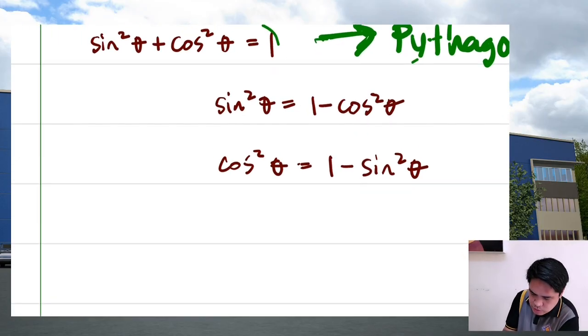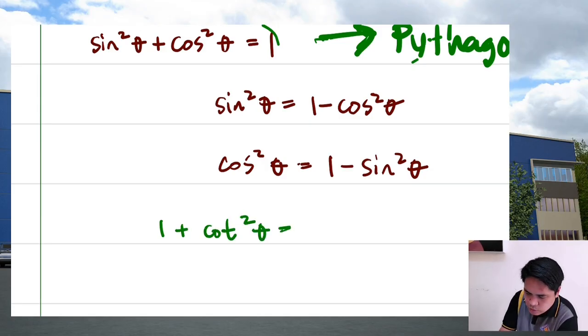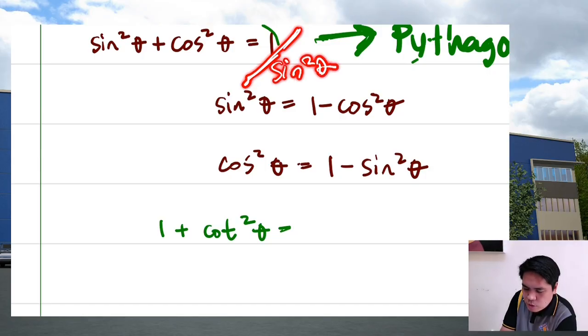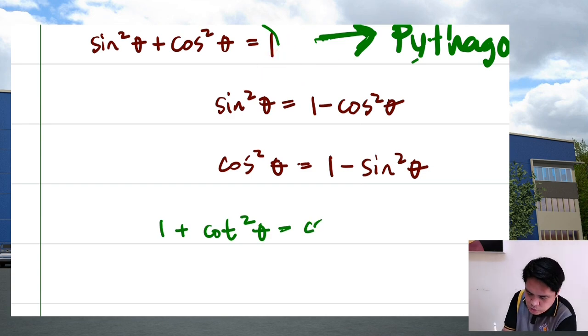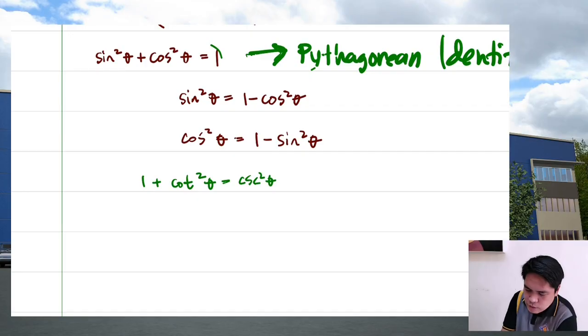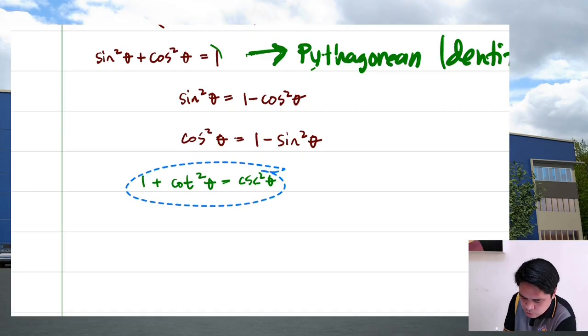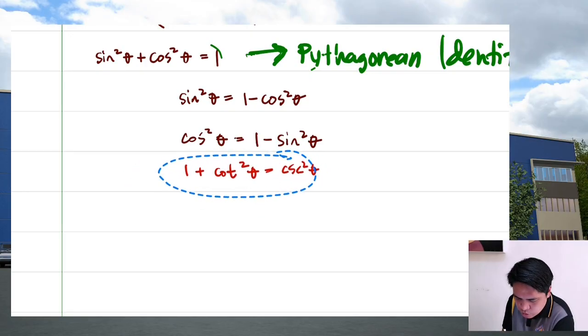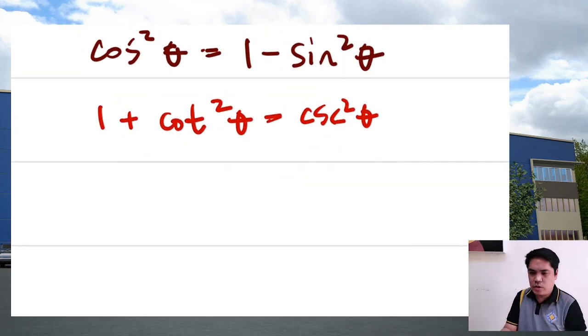So, that is 1 plus cotangent squared theta equal to, dito kanina, that's 1 over sine squared, di ba? The reciprocal of sine squared is cosecant squared. So that's equal to cosecant squared theta. So this is another Pythagorean identity that you need to memorize. You need to memorize this, or kung di mo memorize, balikan nyo ulit yung derivation natin.